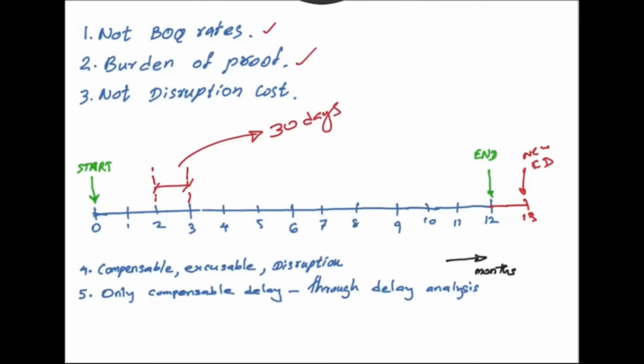So the planner will separate and filter out all the compensable delay, and we have to give the prolongation cost for the compensable delays. And the planning team or planner will do this through delay analysis methods. In this case, if we take all 30 days as compensable, the prolongation cost will be calculated for these 30 days.